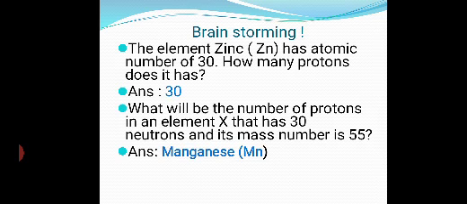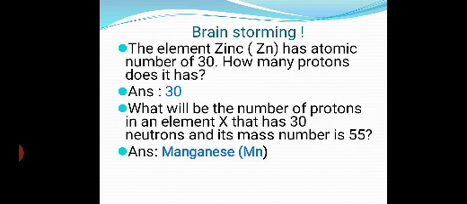It has 30 protons. What will be the number of protons in an element X that has 30 neutrons and its mass number is 55? First of all, consider the number of protons in an element X that has 30 neutrons and its mass number is 55.